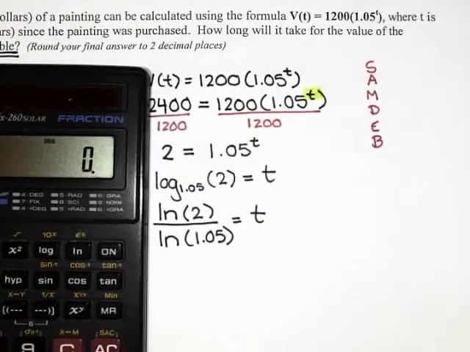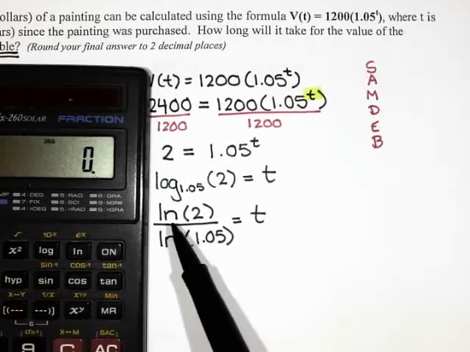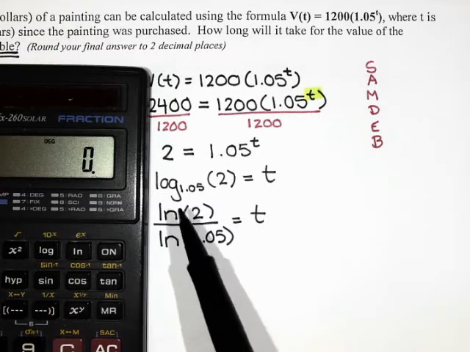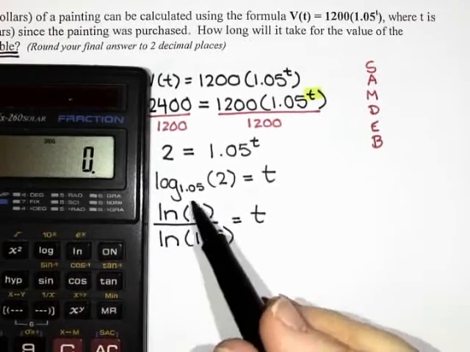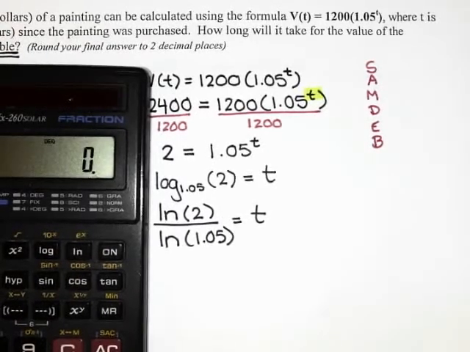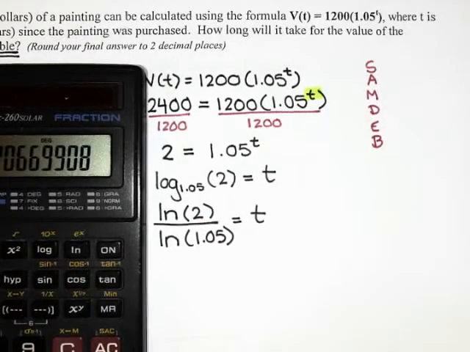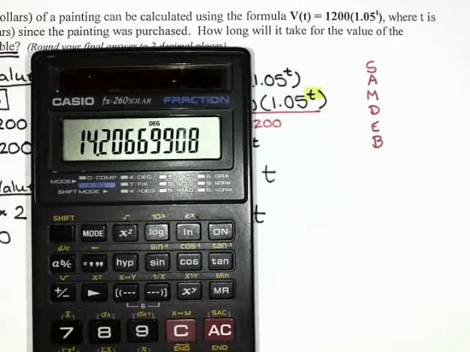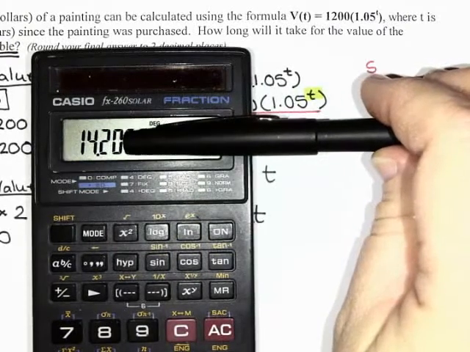So my calculator, I have to put the argument in first and then press ln. If you have a calculator where you see what you type on the screen, right, where the word ln actually shows up, you would do ln first and then the number. So I would have to do 2 ln divided by 1.05 ln equals, and I got 14.20669908, or approximately 14.20.